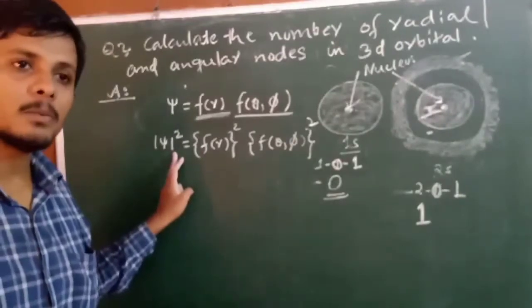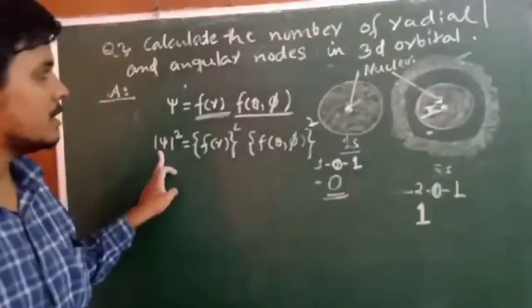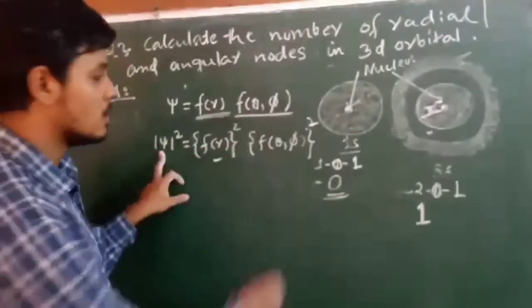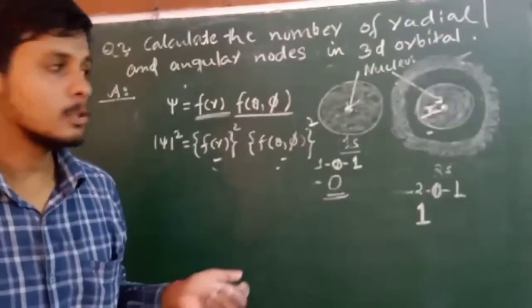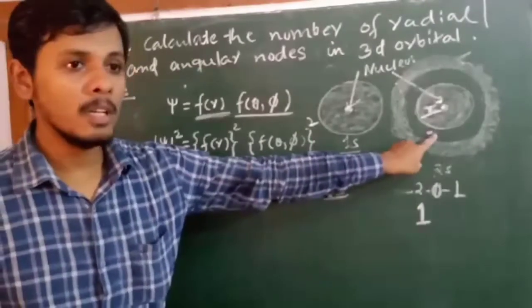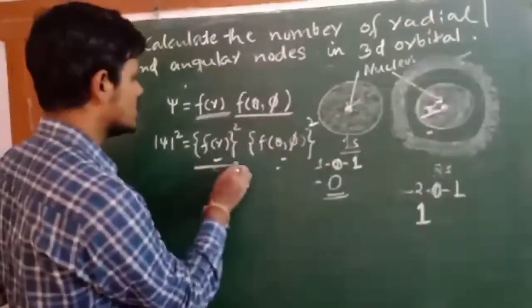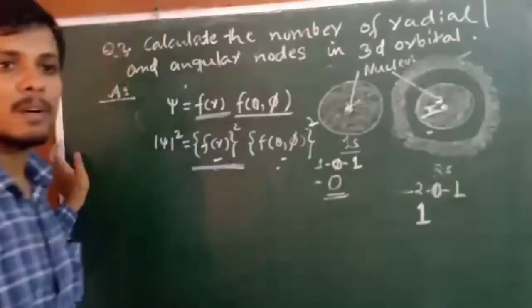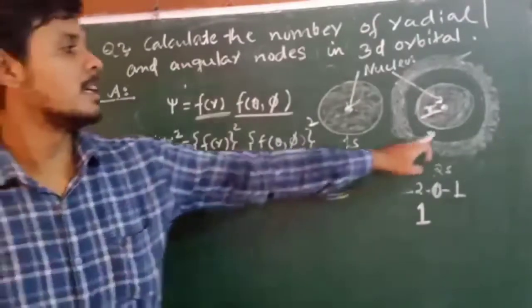Why is psi square 0? If psi square is 0, either this has to be 0 or this has to be 0, or both. So we call it a radial node because in this radial node the radial function is 0. The radial part of the wave function is 0. That is why we call it a radial node.